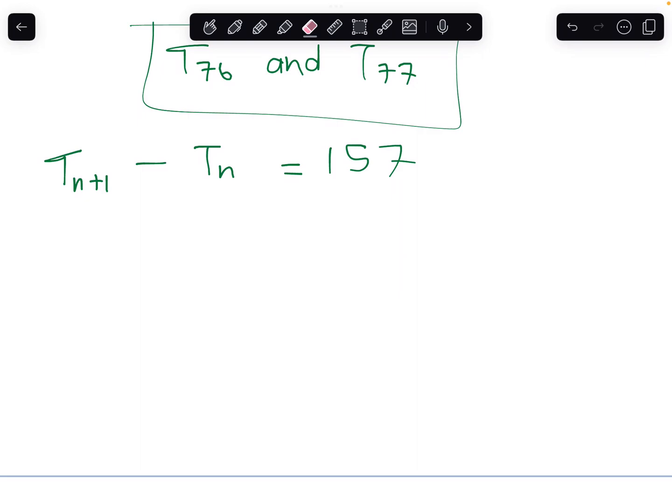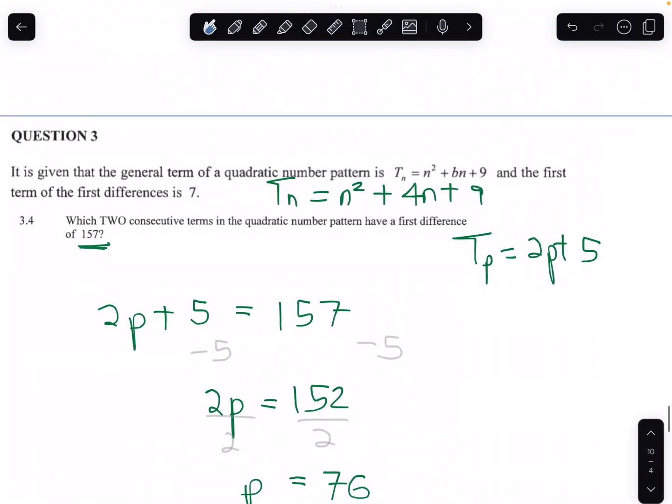Or you could phrase it as term n and the term before it, right? We want the difference between term n and term n minus 1 to be equal to 157. Both of those would work. So then we find an expression for these terms using the rule.